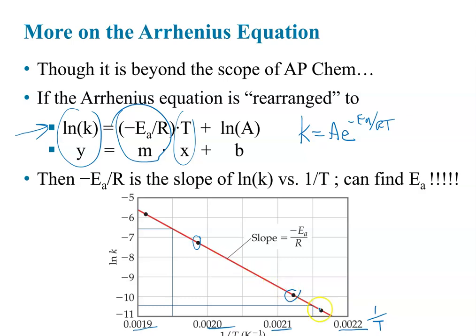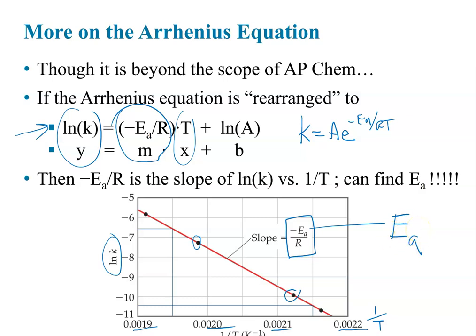If you plot the log of K versus the inverse of T, the slope of this line is negative activation energy over R.